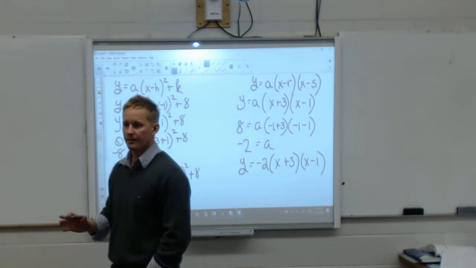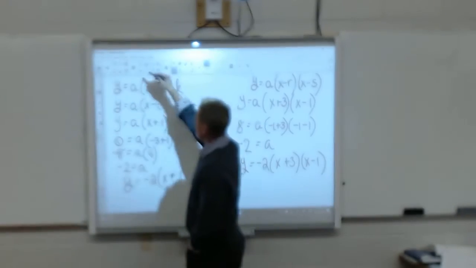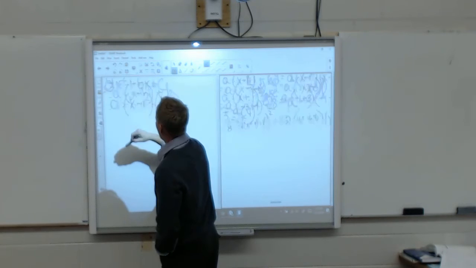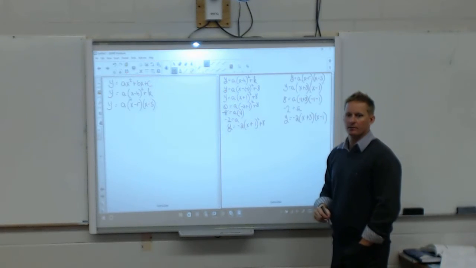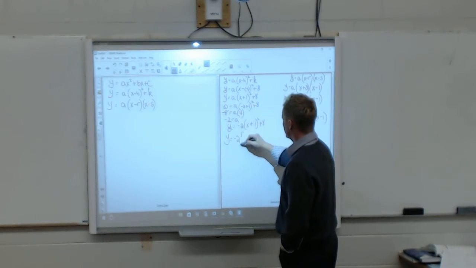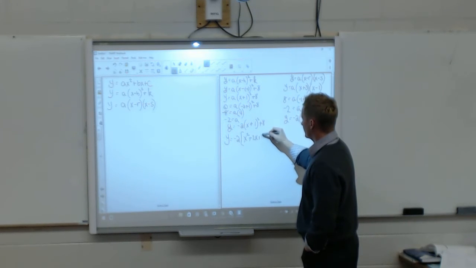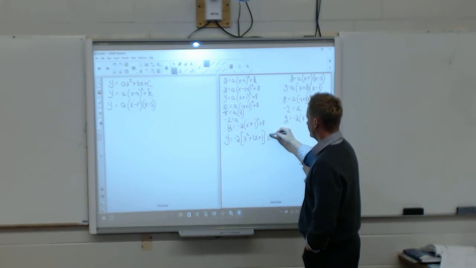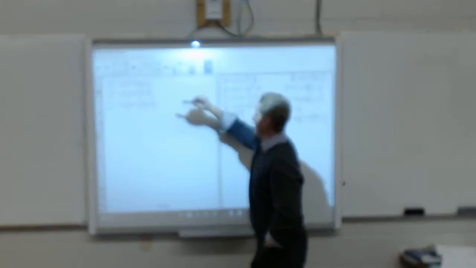Okay? So far? But then the question says to me, I want it in general form. So I'm going to multiply this up. y is equal to -2 times x squared plus 2x plus 1, add 8.